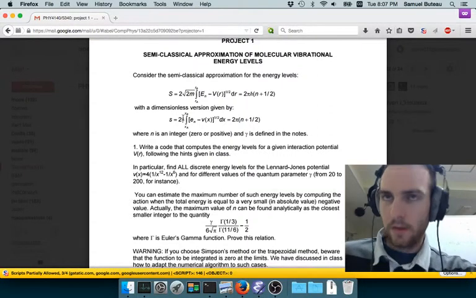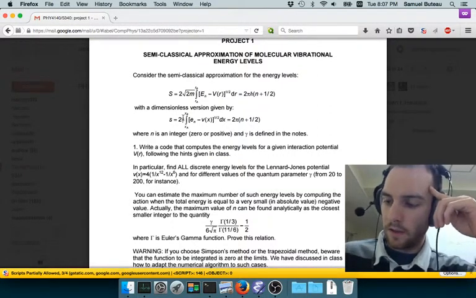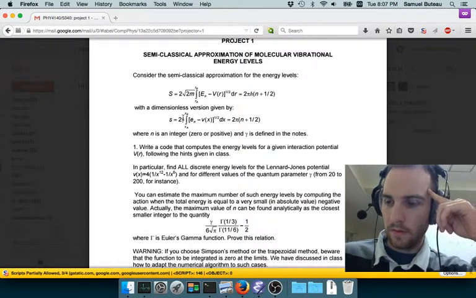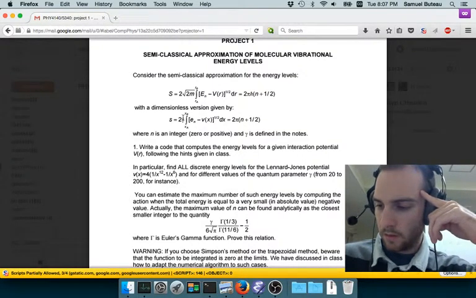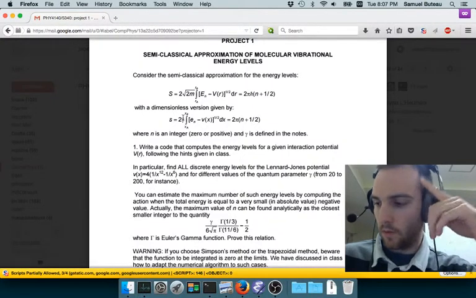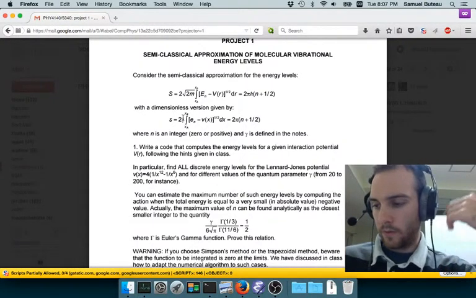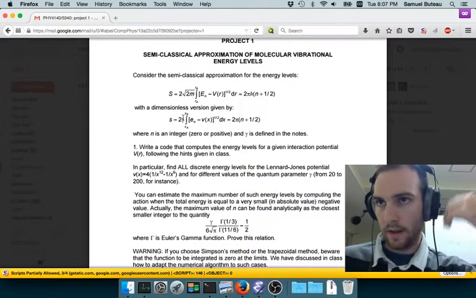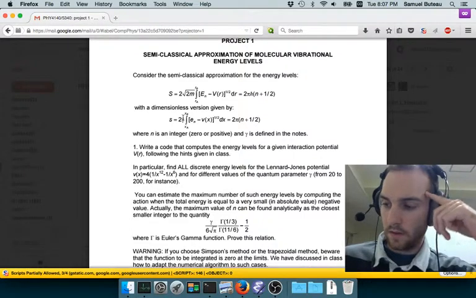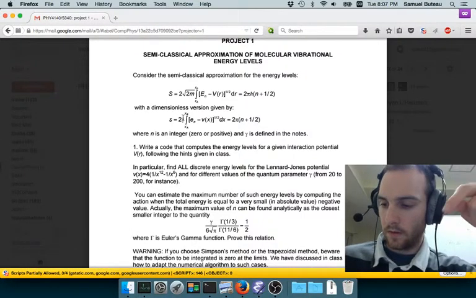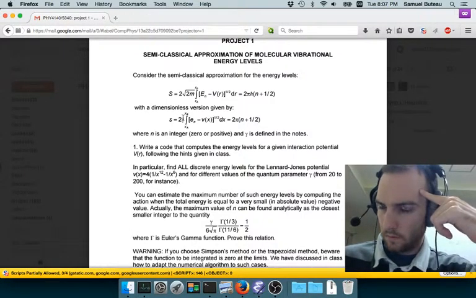For H2, so 2 hydrogen atoms in a molecule, gamma is 21.7, and for oxygen dioxide, so 2 oxygens, gamma is 150, so it's much bigger.